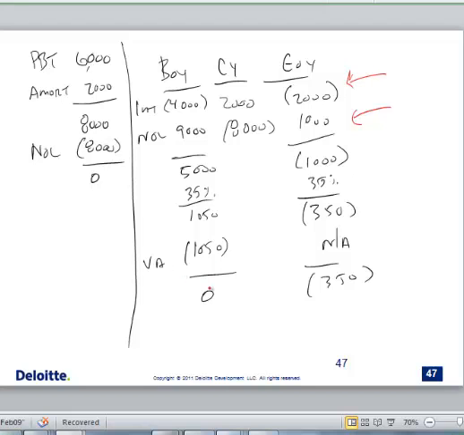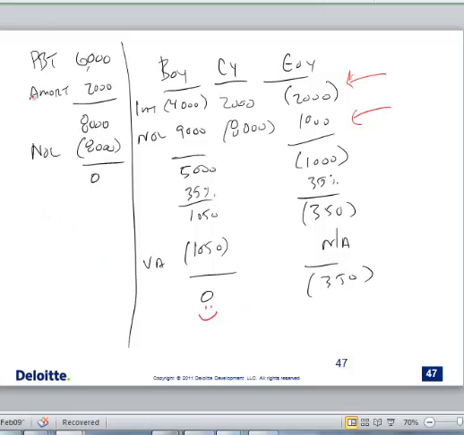So even though I was kind of in full VA, like happy land, all of a sudden, because I made all that money, I wiped through my NOLs, but I'm still stuck with some DTLs, because those are amortizing off kind of slowly. So you can get in a situation where even though you thought of yourself as a loss company with net DTAs and VAs, all of a sudden, boom, you're into net DTL land, and now you have a provision.